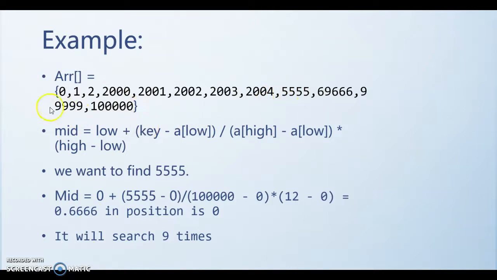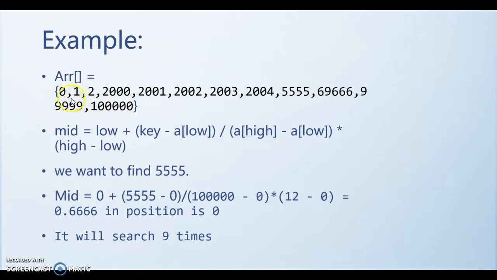You can see this example is not a good example to show why this one is better than binary, but it is a good example to show why interpolation search is sometimes not better than binary, because we have an unbalanced array.